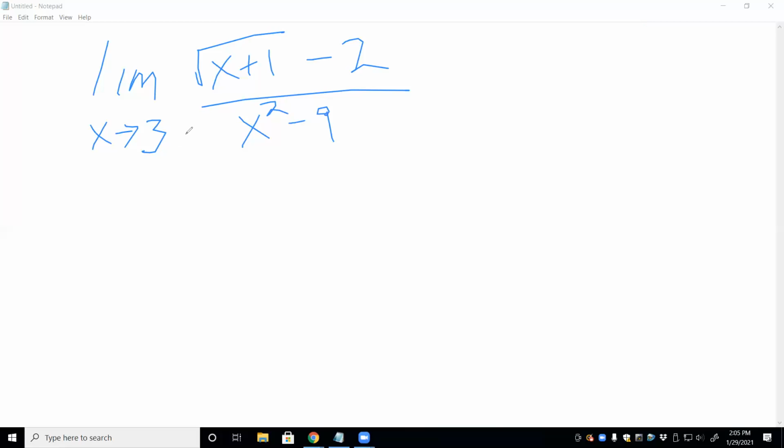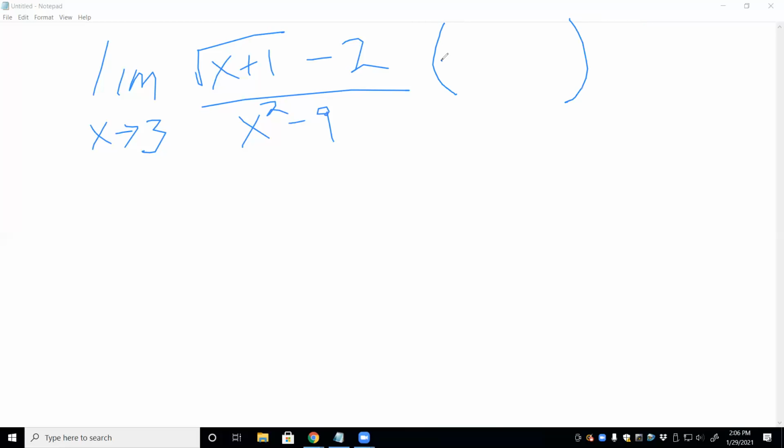Now, I could factor the bottom. That factors easily enough, x minus 3 times x plus 3. But that's not terribly helpful. When you see these limit problems where either your numerator or your denominator has a square root, a radical sign in it, then what you want to think of is, let's multiply that top and bottom by the conjugate.